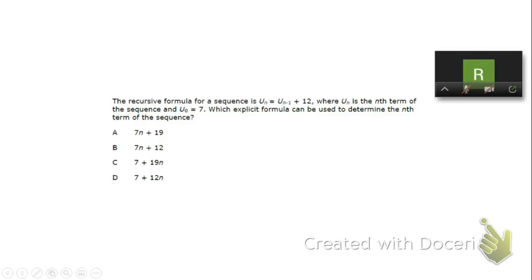Okay, recursive formula for the sequence is that. Sequence for U7, which explicit formula can be used to determine the nth term of the sequence? So what you're going to do is take the first term, and you're adding 12. Then you take the second term, which is just the first term plus 12, this U2.